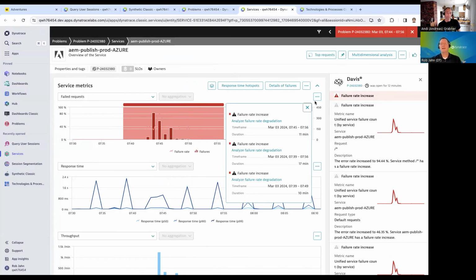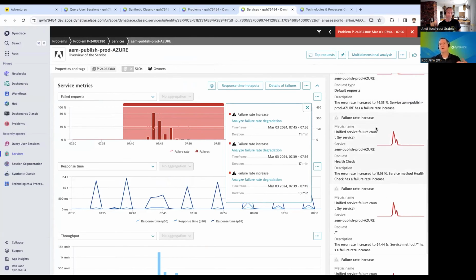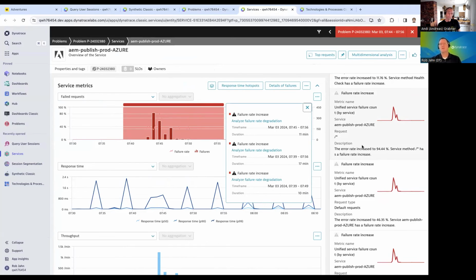Over here on the right, Danny, feel free to comment on this, but this is a relatively new feature where we're exposing how Davis is determining related metrics. And so you can see the correlation factor across these different metrics, because that's what Davis is doing: looking at hundreds and hundreds of metrics, sorting through them to say, these are the ones that really matter. These are the ones that have a high relationship to this particular tier.